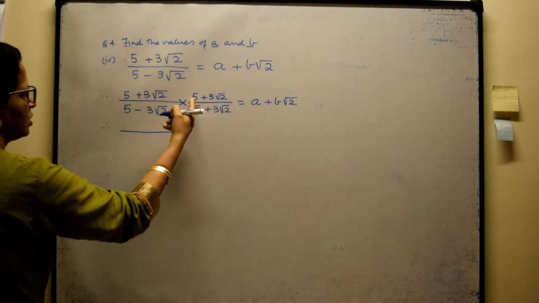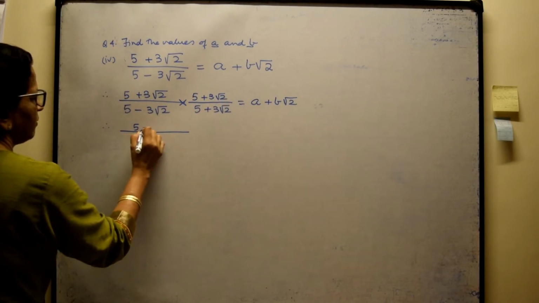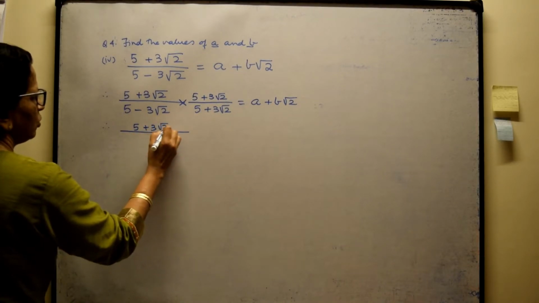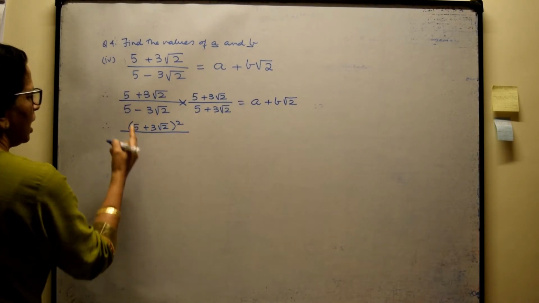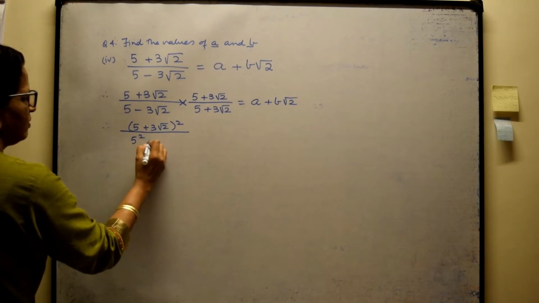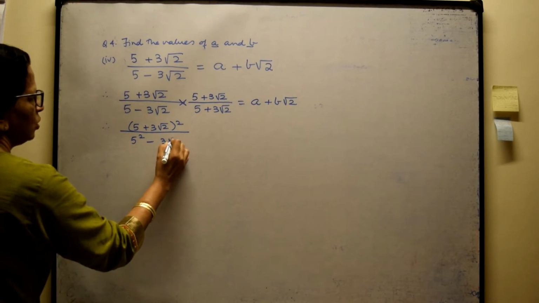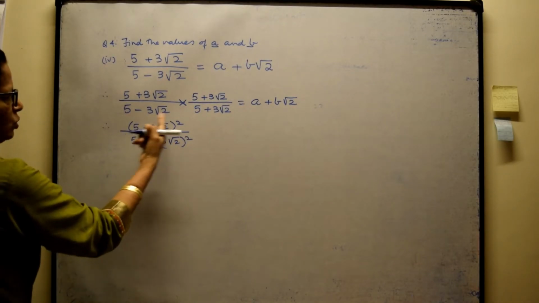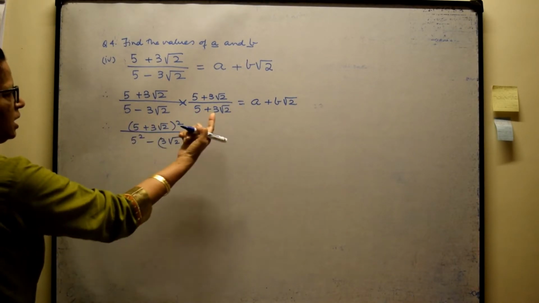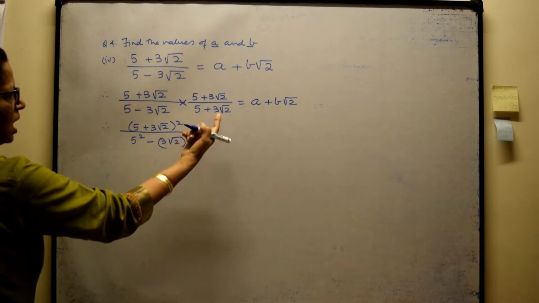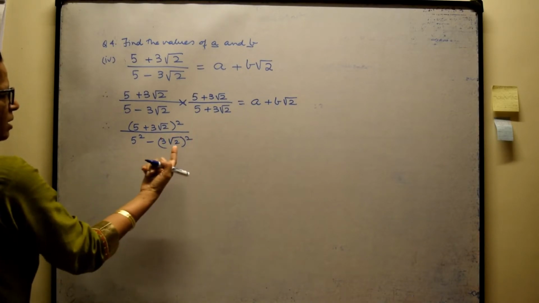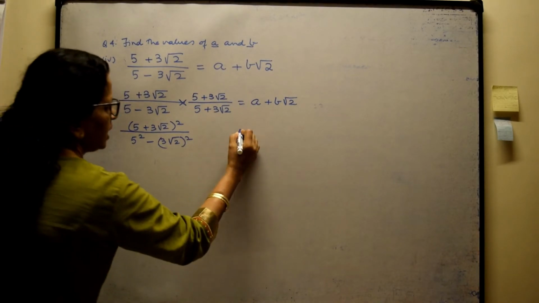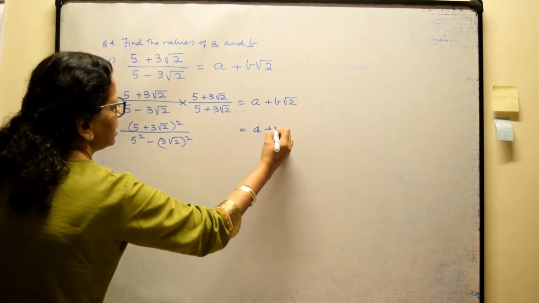So this bracket has got repeated. So we will write 5 plus 3 root 2 whole square, and upon here it becomes 5 square minus 3 root 2 whole square. Which identity have we used over here? A minus b into a plus b gives us a square minus b square. We keep the right hand side the way it is.